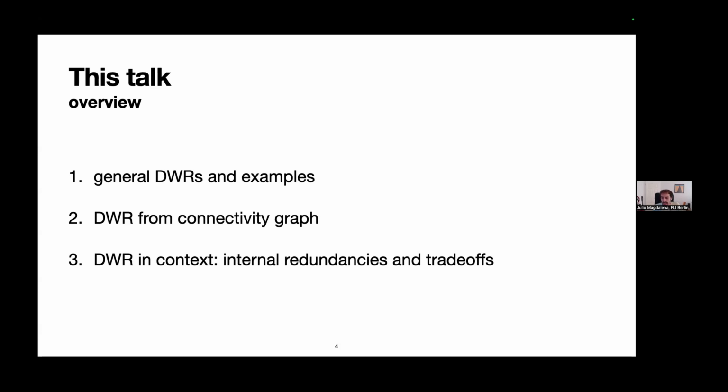Yeah, so I will start with some general dynamical weight reductions and examples. This will be the first part. And then I will present the general result by identifying, in the example I show, certain mappings from graphs. I can generalize this and will show you the main result, which is, given a connectivity graph, write a DWR on that graph.